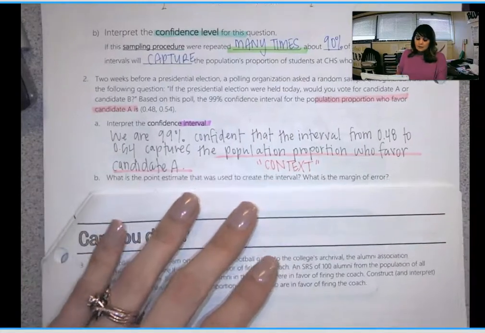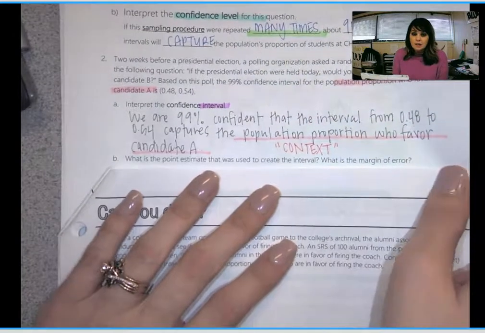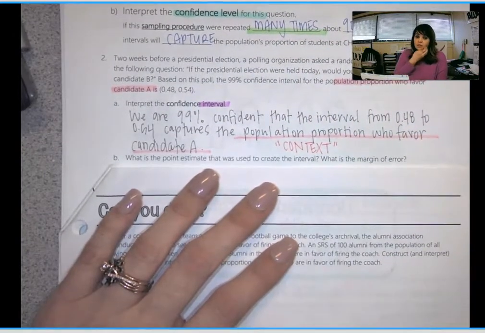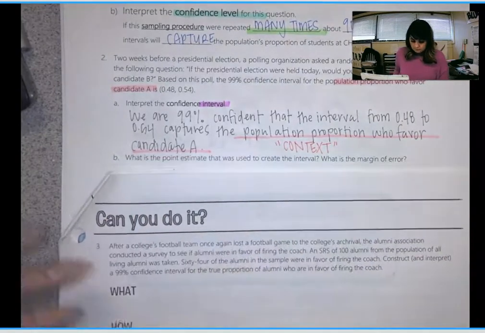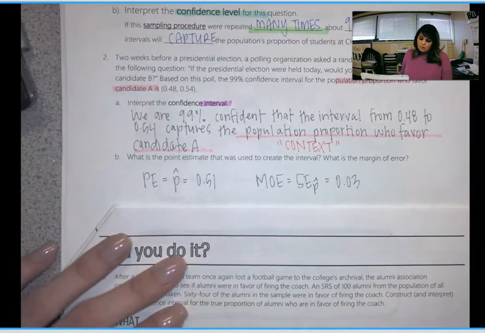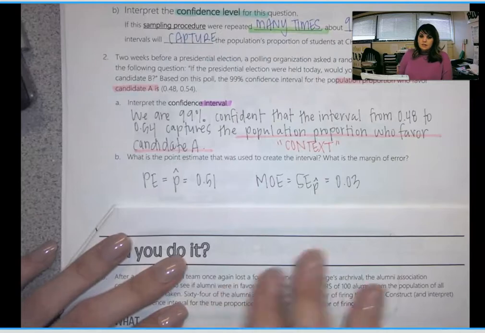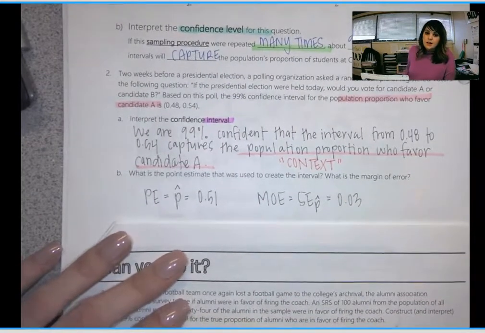Okay, next up, you find the point estimate and the margin of error. So pause and you really calculate the point estimate and margin of error. Okay, I have that the point estimate was 51% and our margin of error is 3%. So what does that mean?